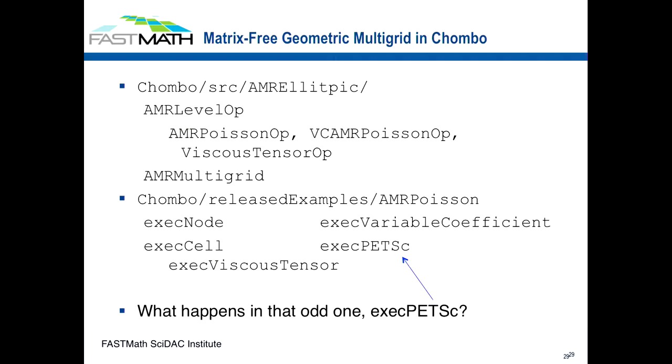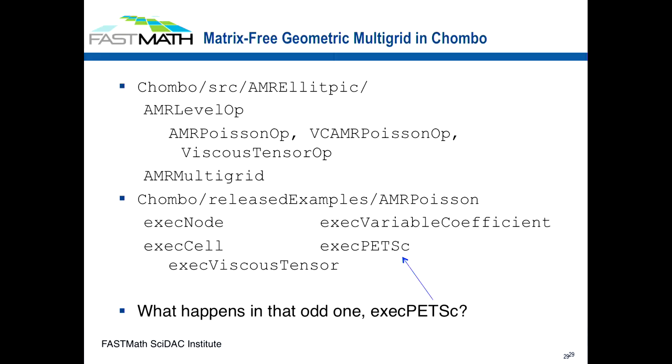In the Chombo example, when you download it, you will find in the source directory, actually Chombo lib source, sorry, various directories. There's base tools, box tools, AMR tools, and then you start getting AMR time dependent, AMR elliptic. So AMR elliptic is a directory under the source code system.